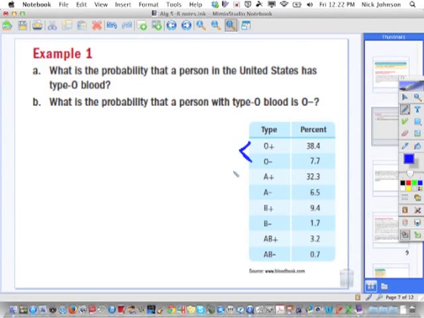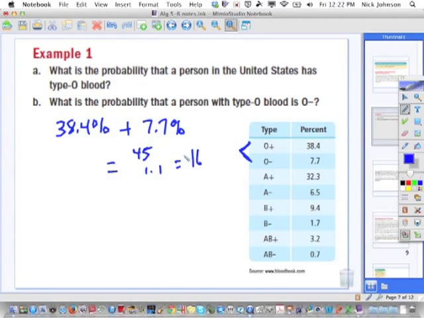So the probability of that is 38.4% plus 7.7%, which equals, 38 plus 7 is 45, plus 1.1, so 46.1%. All we had to do was add those together.